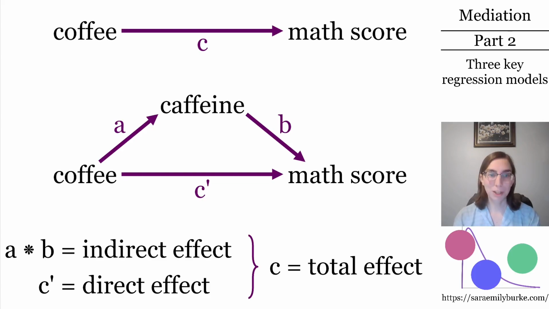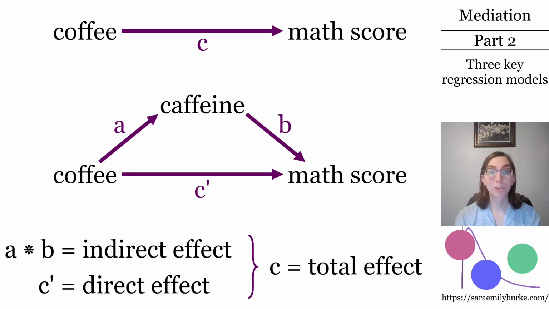So the indirect effect is large if coffee has a large effect on caffeine and caffeine has a large association with test scores adjusting for coffee. To repeat something I said earlier, estimating this indirect effect is the central purpose of statistical mediation analysis.